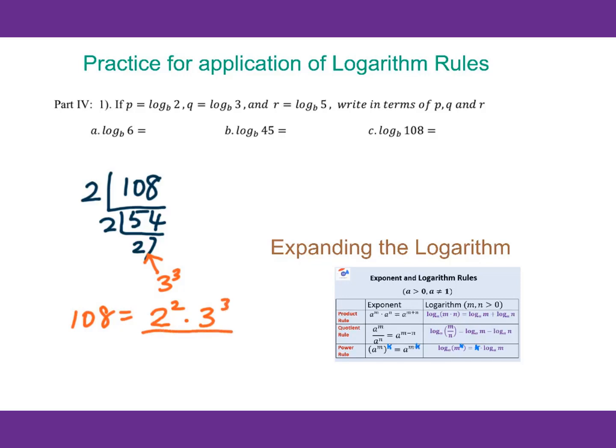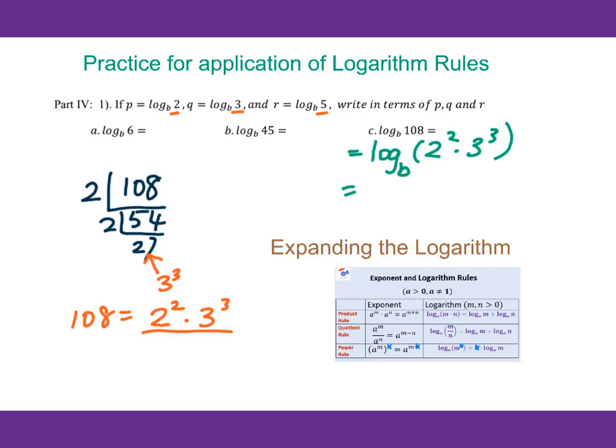In other words, try to make your argument into exponential form, but make sure your base is 2, 3, or 5. So we got log base b of 2 squared times 3 to the third power. Then expand the log.